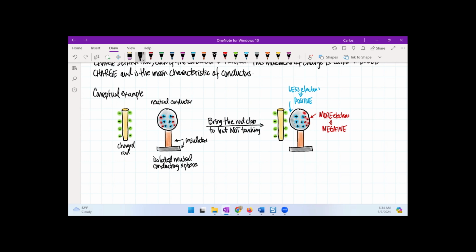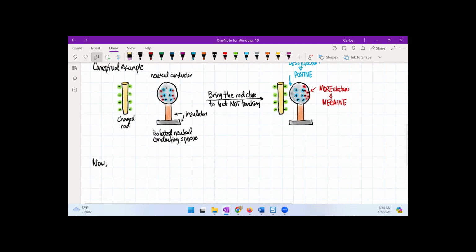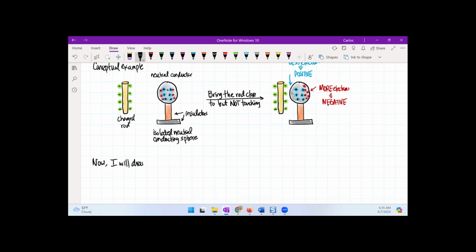Okay, so now I will draw an effective picture of the induced charges on the isolated conductor.